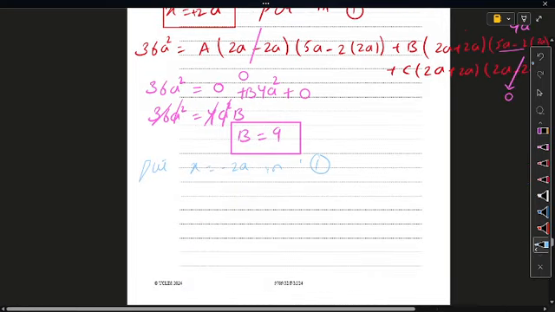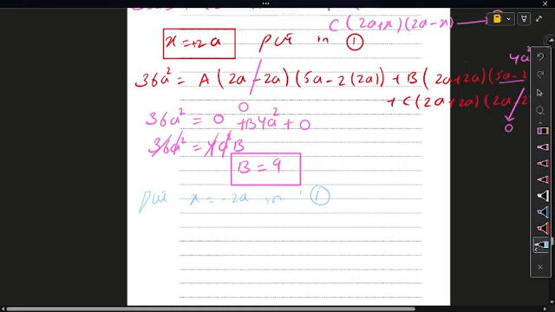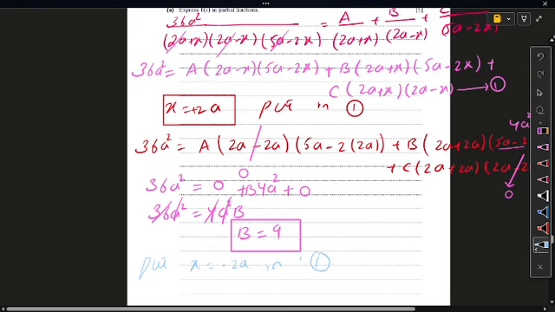And what was equation number 1? Equation number 1 was the general one. That was this one, 36a square, a times 2a minus x, and so on. So once you put x is equals to negative of 2a in equation number 1, b value will become 0, means that value as a whole becomes 0. C value will be 0 and only a retains.